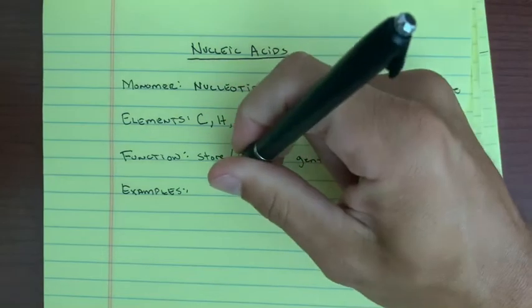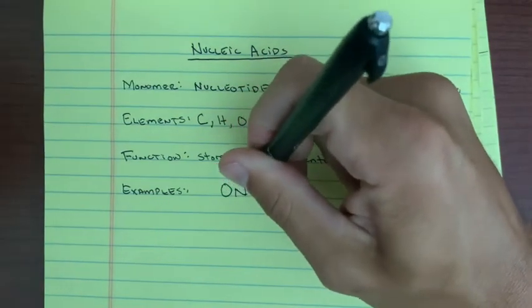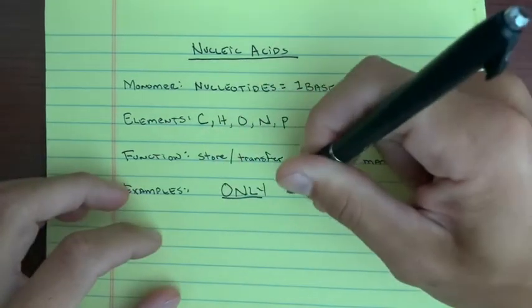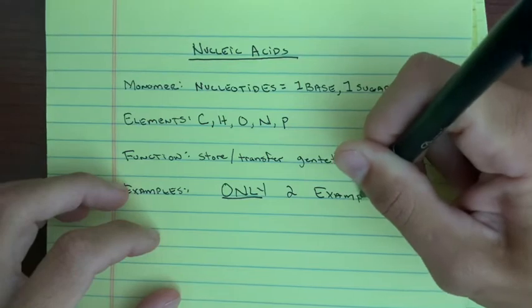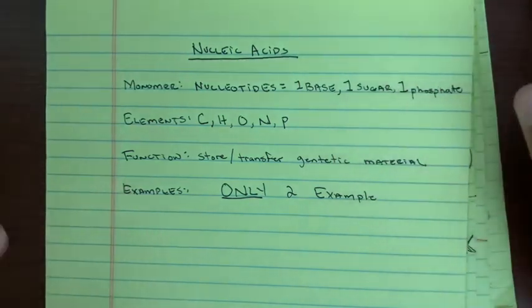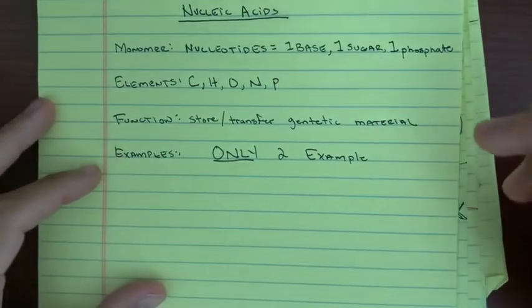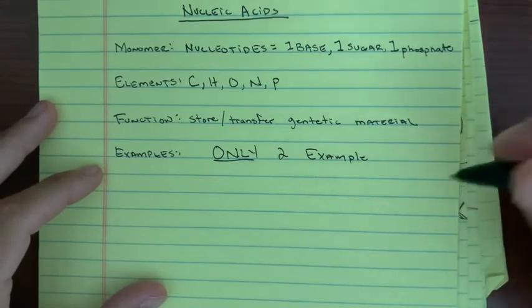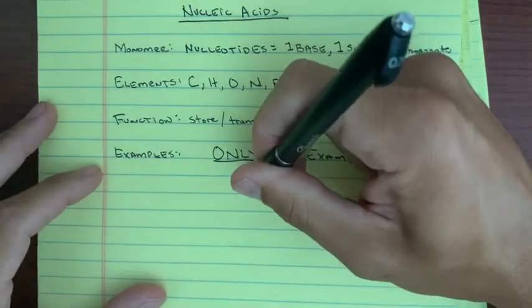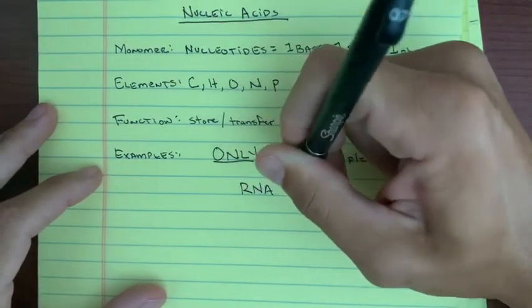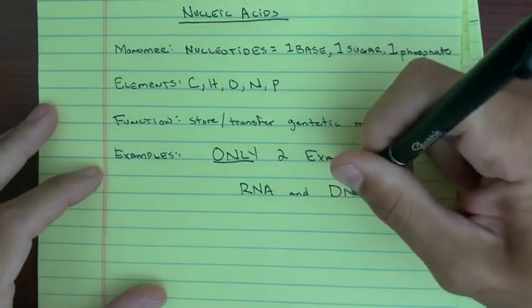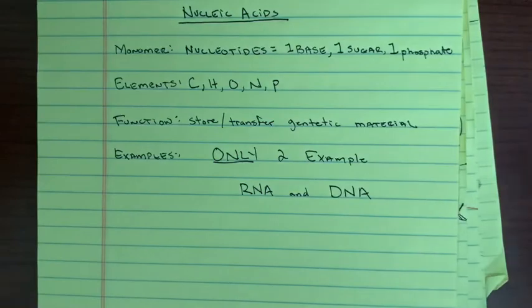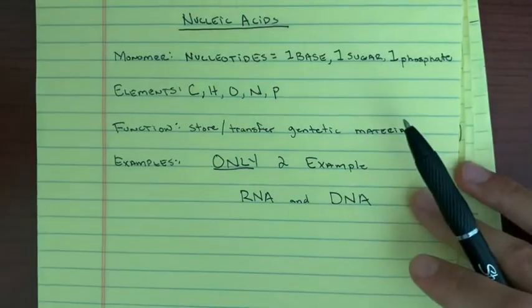Okay, so we're gonna put right here, only in big letters, only 2 examples. The other ones were unlimited amounts, but for this one, there's only 2, and that is RNA and DNA. Those are the only 2 examples of nucleic acids.